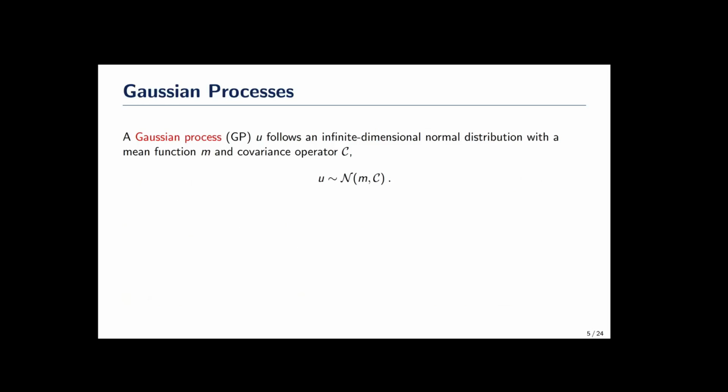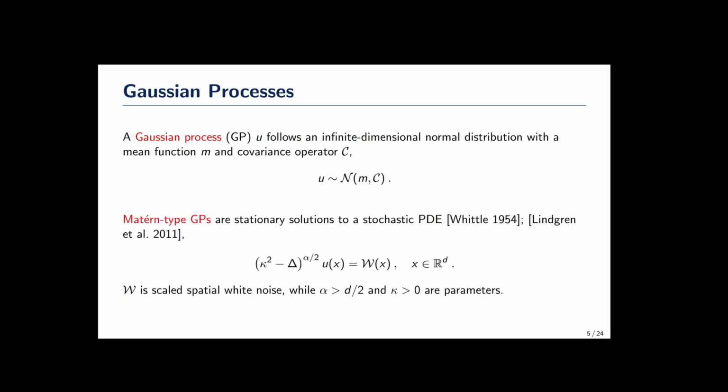So what we'll actually be using as a representation of our random functions is the following. The class of Gaussian processes we're looking at is Matern type Gaussian processes. And these have been shown to be the solutions to a stochastic PDE. And we use this PDE to represent our Gaussian processes. So how does this work? In our PDE, we have this differential operator raised to some fractional power.